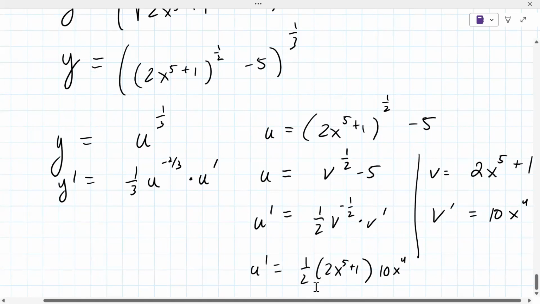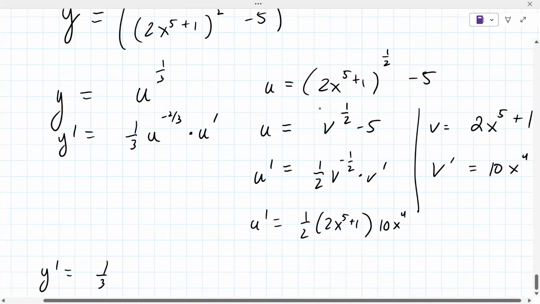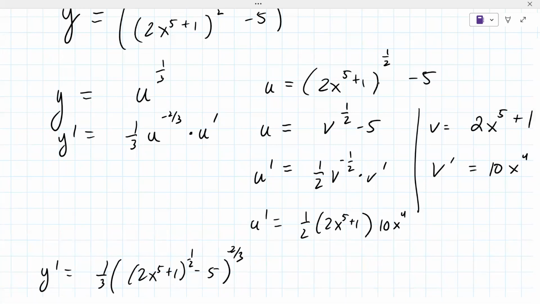Now when you substitute in for u prime, it's all in terms of x, and u is in terms of x. So your derivative is 1/3 times u, which is all of this stuff up here, 2x to the 5th plus 1 to the 1/2 minus 5, to the minus 2/3 power, times u prime, which is 1/2 (2x to the 5th plus 1) times 10x to the 4th, like that.